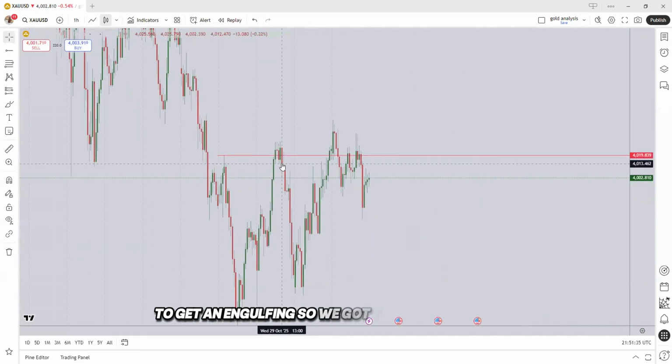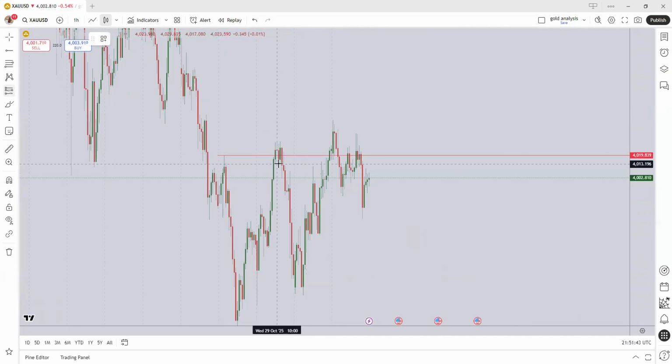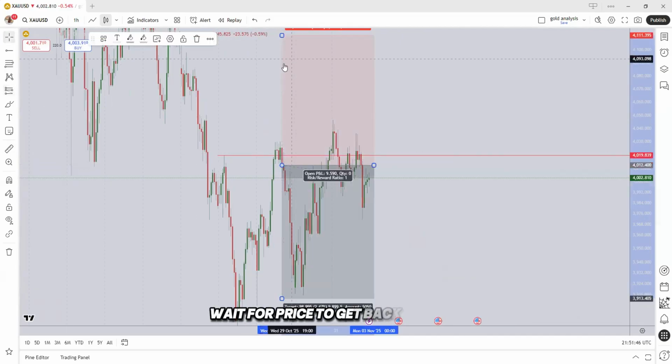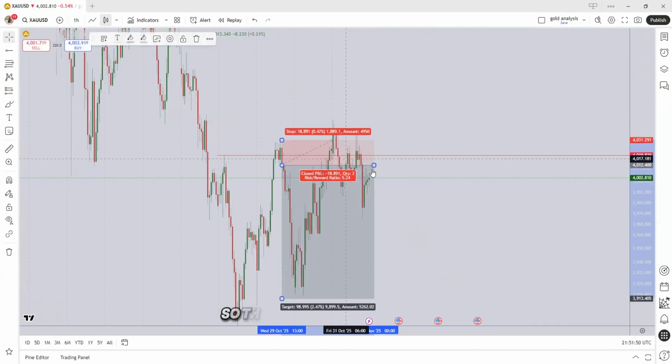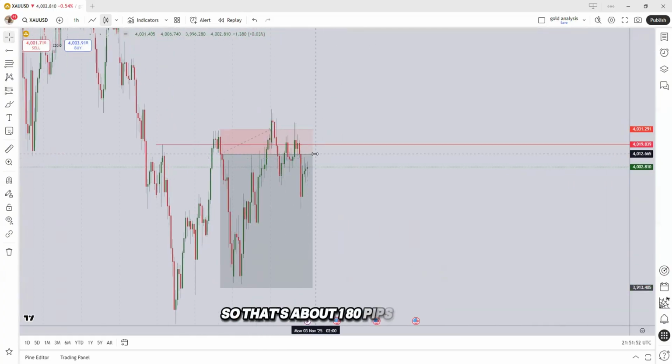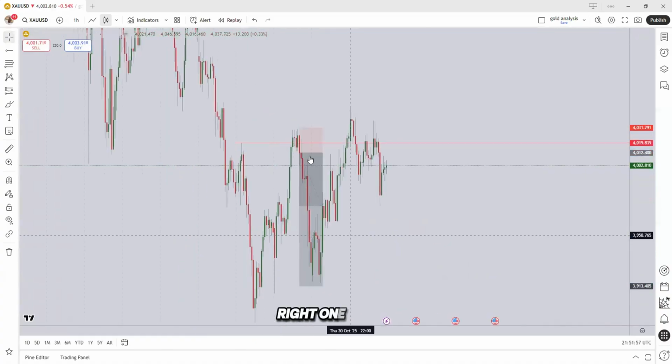So we got this engulfing, right? After getting this engulfing, we then sell. Wait for price to get back and sell. So that's about 180 pips as well, right? 180 pips.